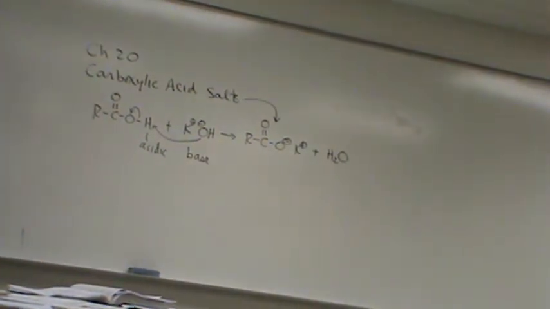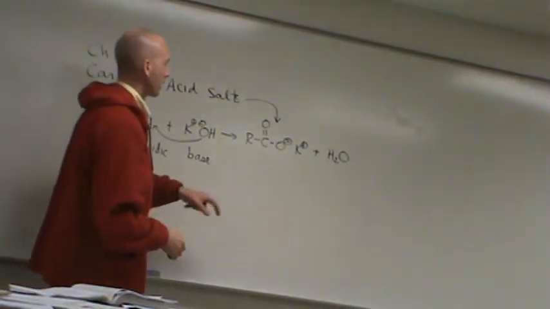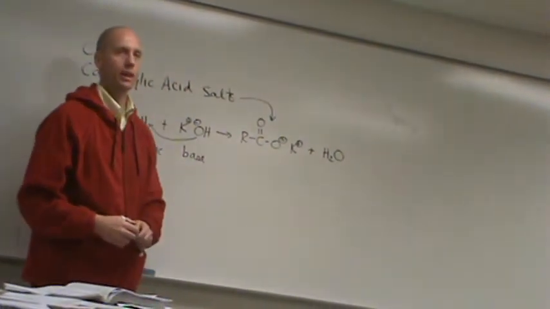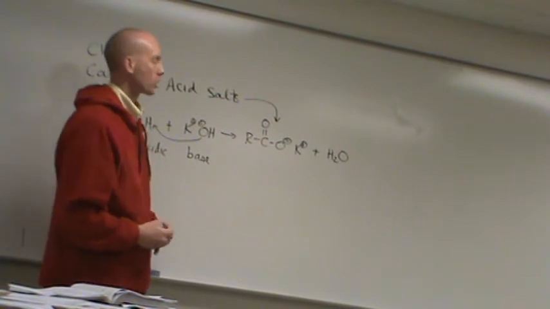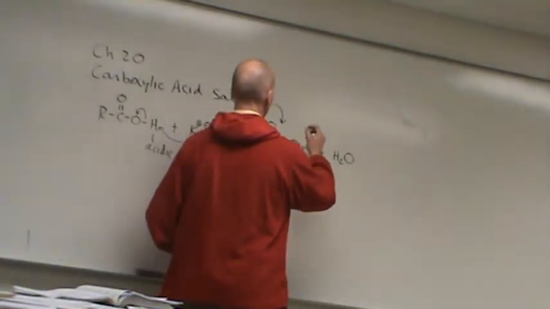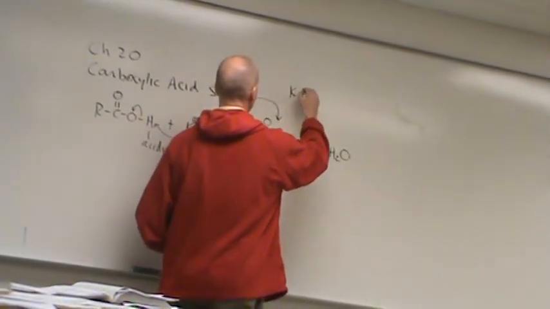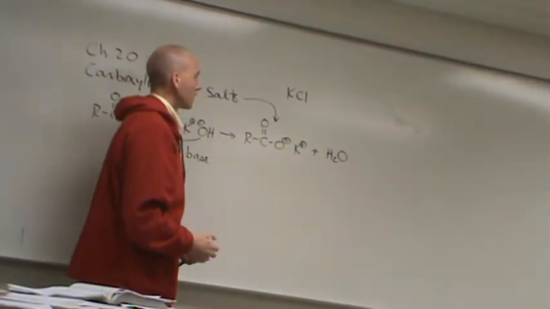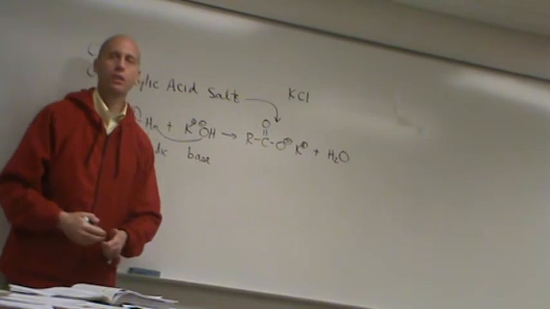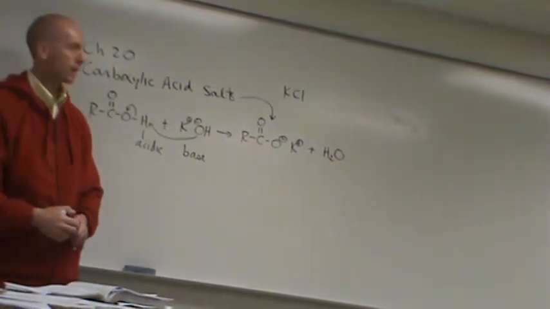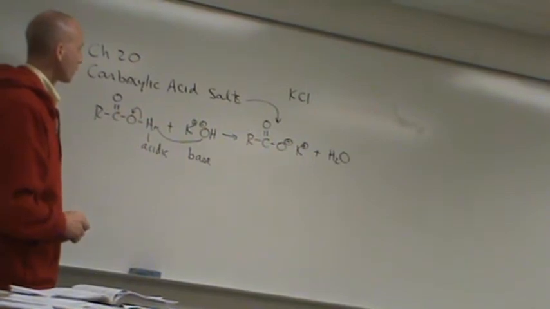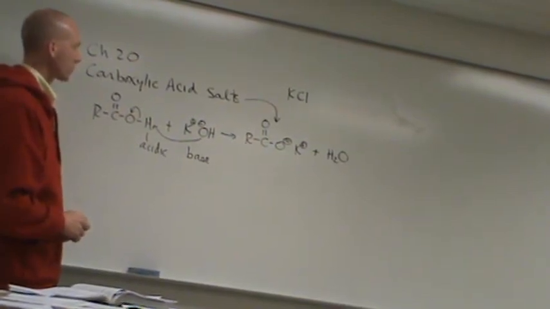Remember the definition of a salt is when you have a metal cation and an anion together. We've seen salts before in general chemistry, like potassium chloride and sodium chloride and other such things. So these are carboxylic acid salts.